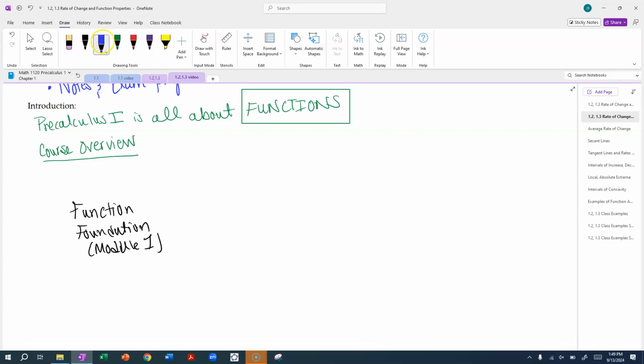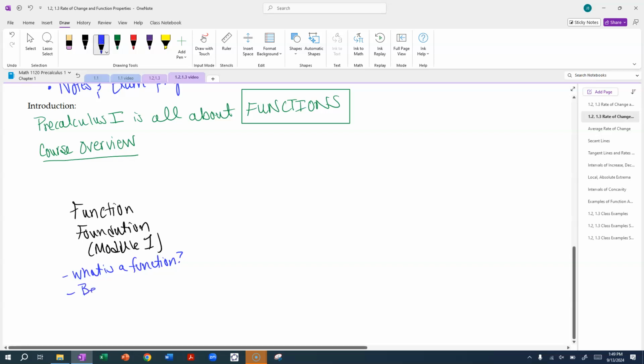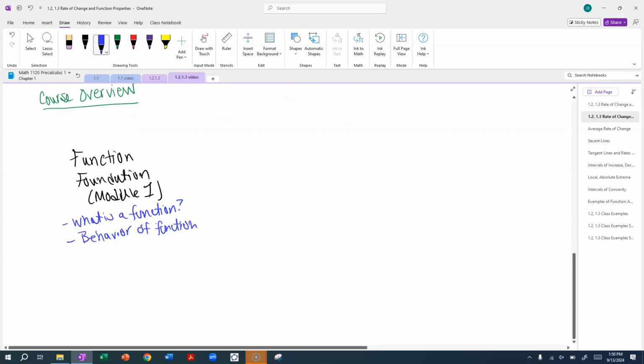We're looking at what is a function, and then we want to understand the behavior of functions, and also start figuring out what they can do. So this is when we look at applications.